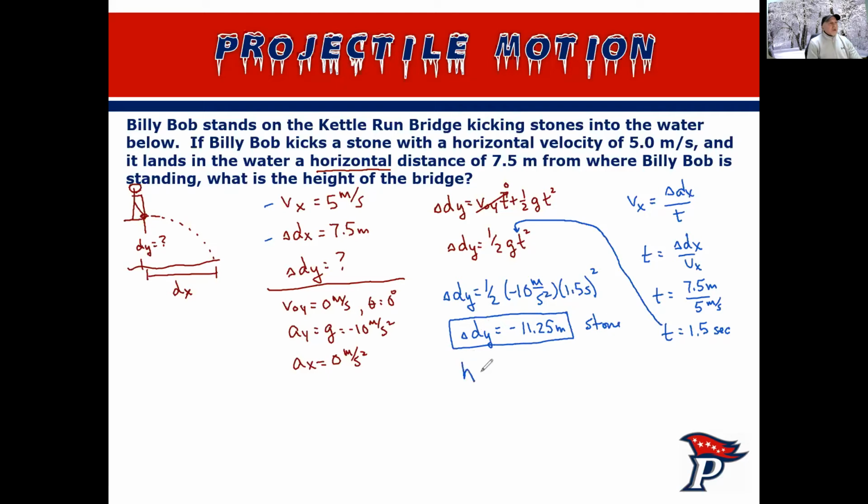What is the height of the bridge? The absolute value of that, right? Heights can't be negative. That's the height of the bridge. So what we did was we used the fact that we can calculate how far the stone falls to know where it started. So that's the other kind of version of a projectile motion problem.